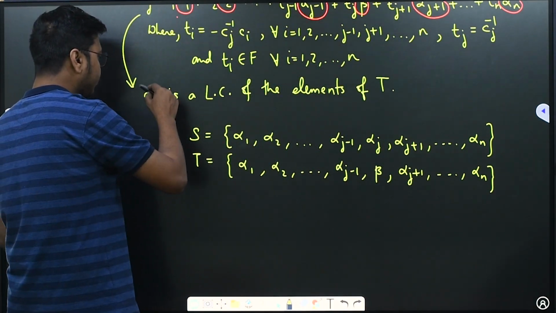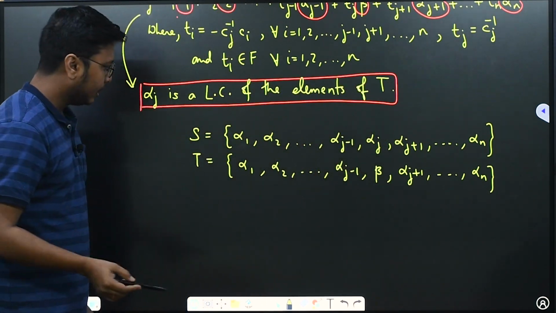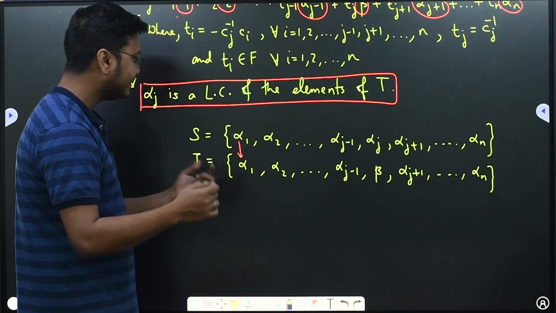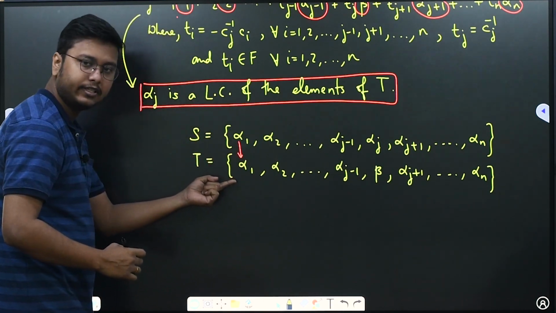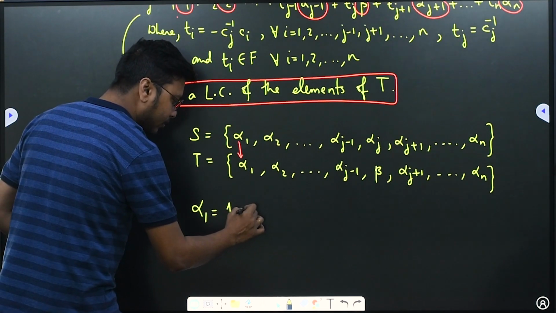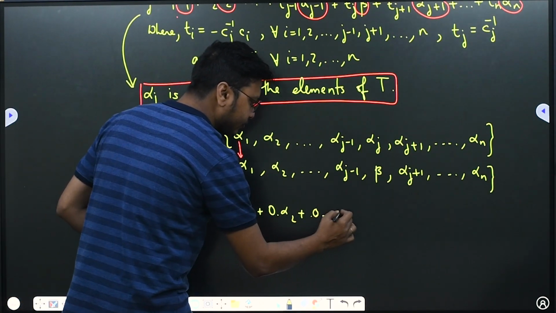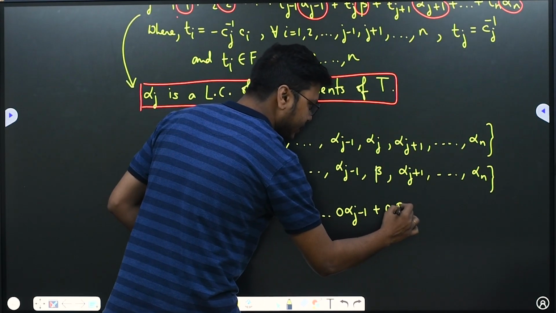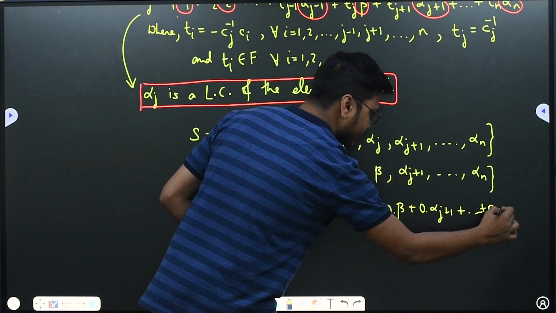Now I have already proved this, that alpha j is a linear combination of the elements of T. Alpha 1 is a linear combination of T. How can I say that? I can write alpha 1 equals 1 times alpha 1 plus 0 times alpha 2 plus dot dot 0 times alpha j minus 1 plus 0 times beta plus 0 times alpha j plus 1 plus dot dot 0 times alpha n.